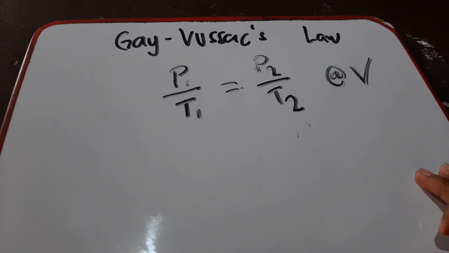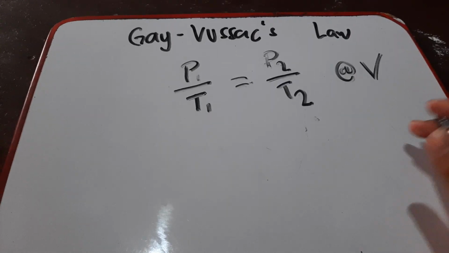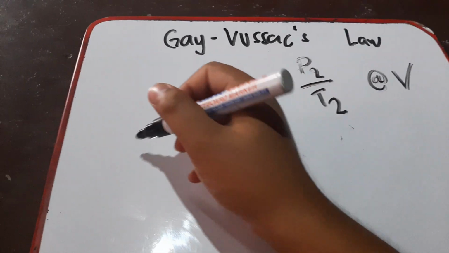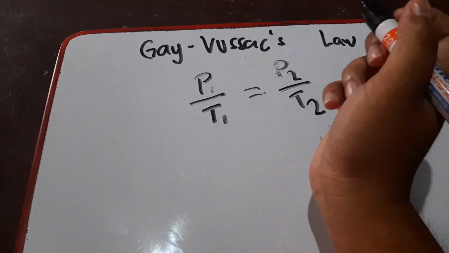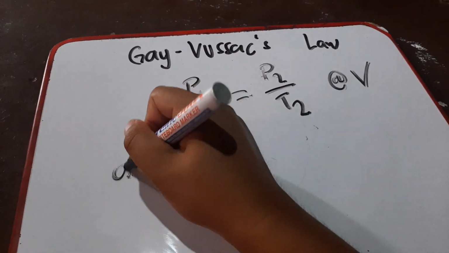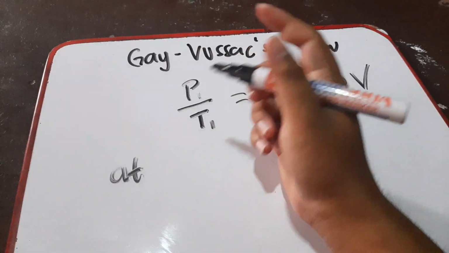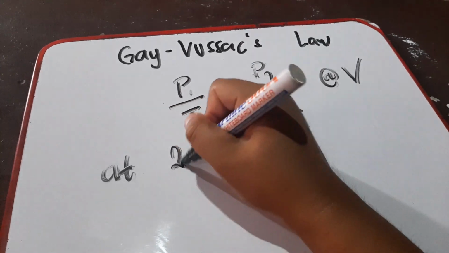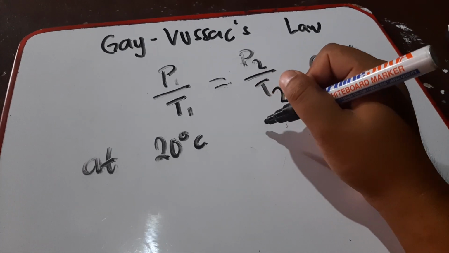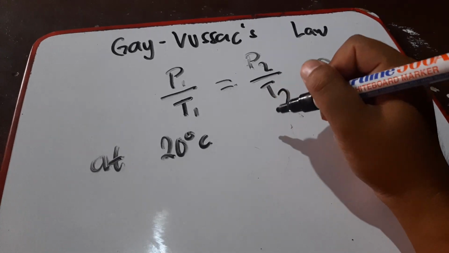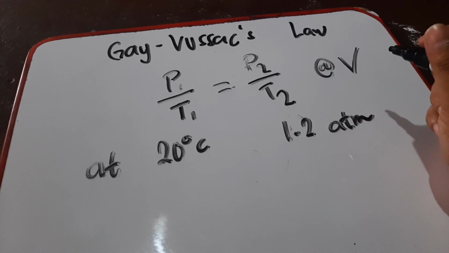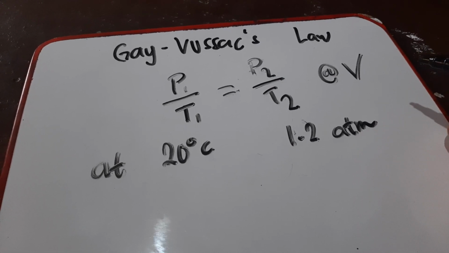So let's have an example. Again, knowledge has no value until we put it into practice. Okay. Let's have an example problem. So say for instance, at a certain factory, which is 20 degrees Celsius, a tank storage has an initial pressure of 1.2 atm.